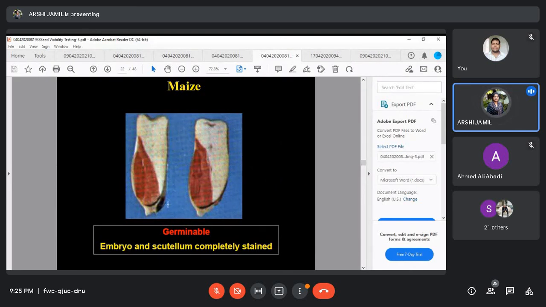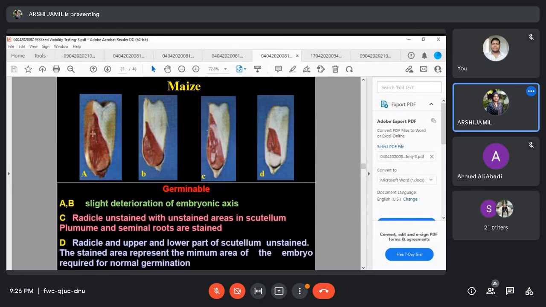See, in case of maize, can you see the embryo and the scutellum, they are completely stained. It means the seed is germinable or viable. Then in these figures, in figure A and B there is slight deterioration of embryonic axis.